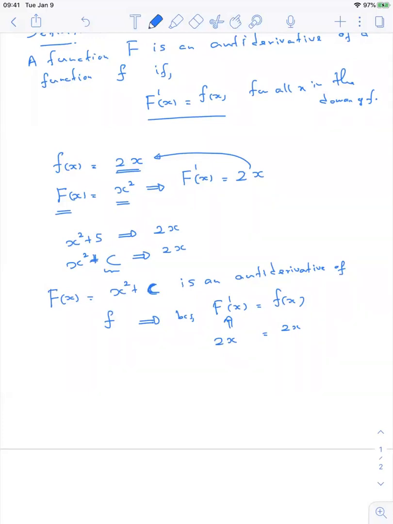So this small function f has a family of functions that can become antiderivatives, because when you put any constant right here, like 1, 2, 3, or 3, 4, 5, all of those functions will become antiderivatives of this small function f. The small f means a simple f function.